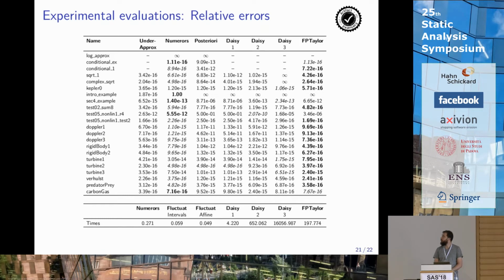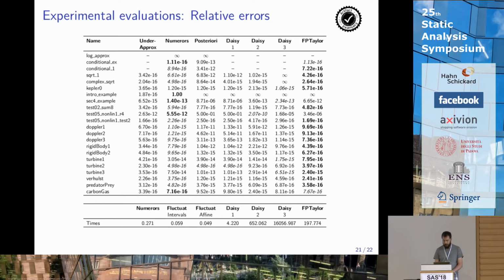We are even able to obtain more precise results than FPTaylor on some of them. And the other point is that on a good part of the benchmarks we gave more precise results than Daisy in its aggressive mode, which is really good with respect to the time we take to obtain those results.